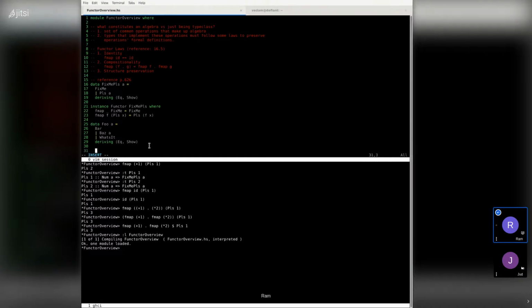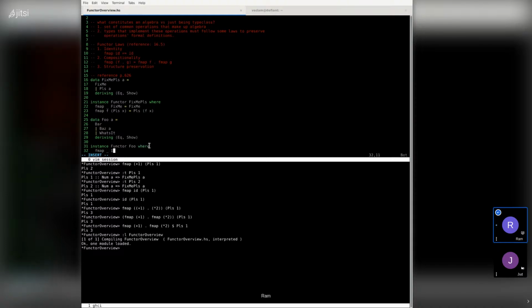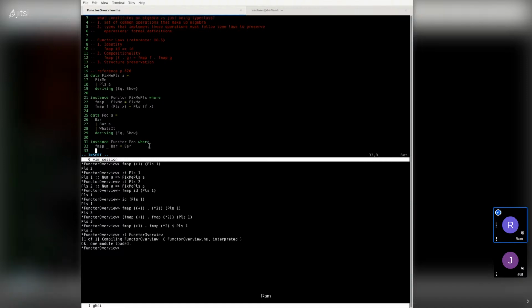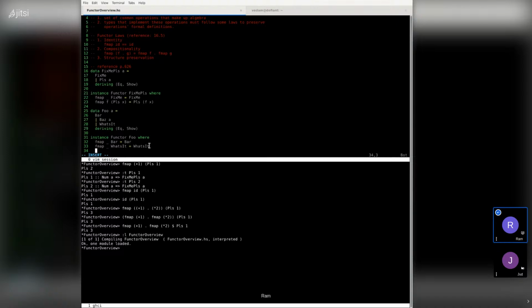You might think, oh yeah, let's go do this. Instance Functor Foo where, and you might go ahead and blindly do this, Bar equals Bar, fmap Baz. Let's put everything in the same notation here. You don't have to necessarily put it in this rule, but it's better to do this because, again, remember, wildcards are given precedence over actual complete function signatures, complete functions with arguments.